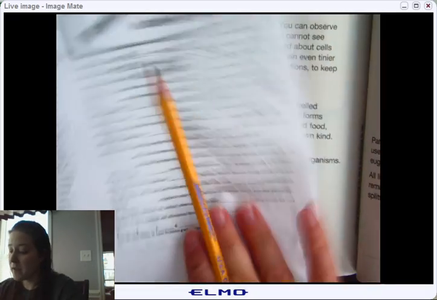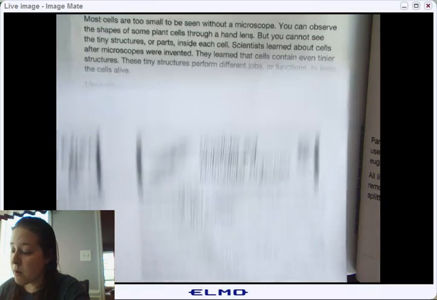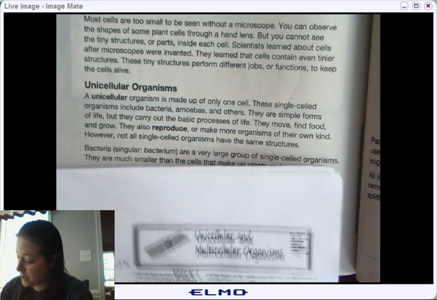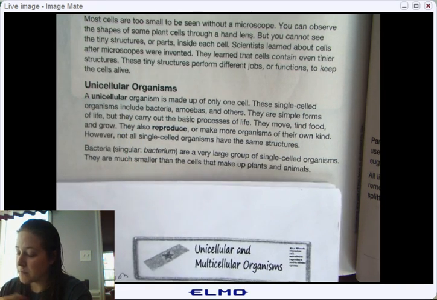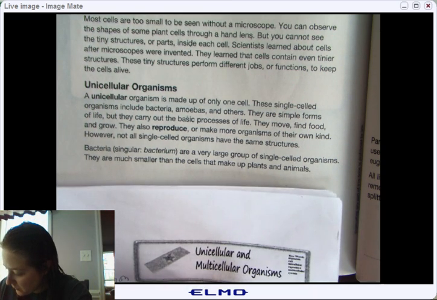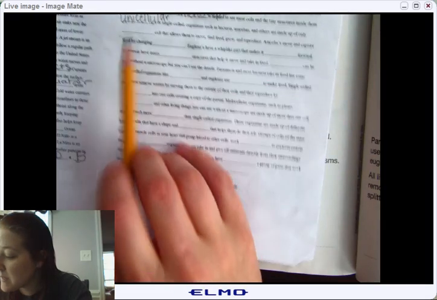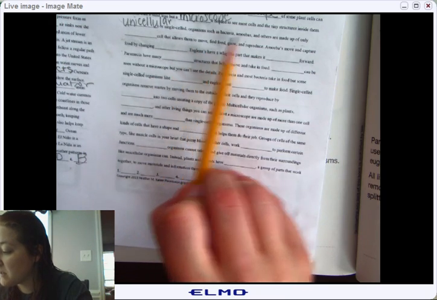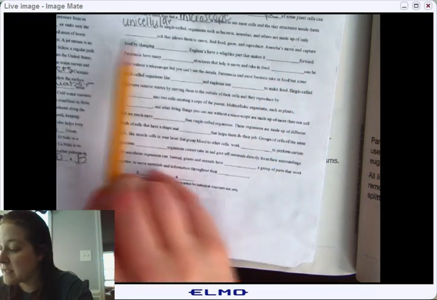So if we look over here, it says unicellular or single-cell organism. So what was that called? Sorry, now I can't even say it. Unicellular organisms. Okay, so when we're looking at our packet, it says a unicellular or single-cell organism such as bacteria, amoebas, and others are made up of only one cell.